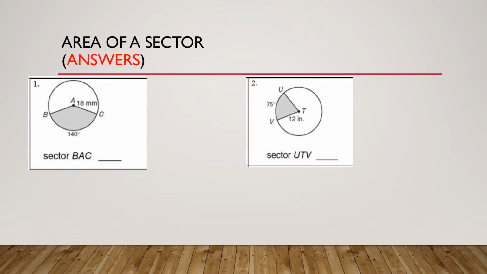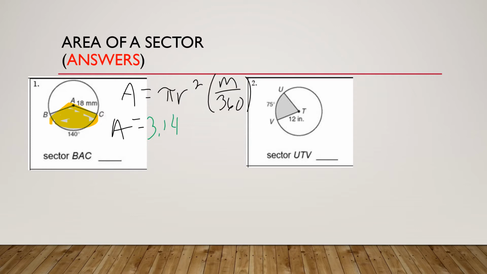All right, so for the first one, we're finding the area of the sector BAC, so the area in here. So we're always going to start with writing down our formula. So remember for area is equal to pi r squared times the quantity of m divided by 360. So we're going to have area equals, we can approximate pi for 3.14.